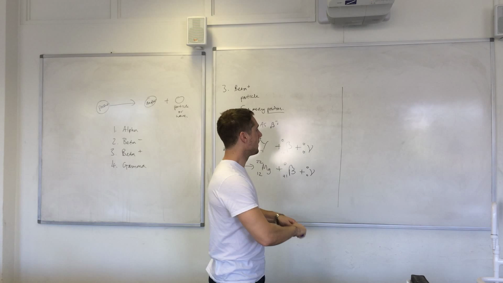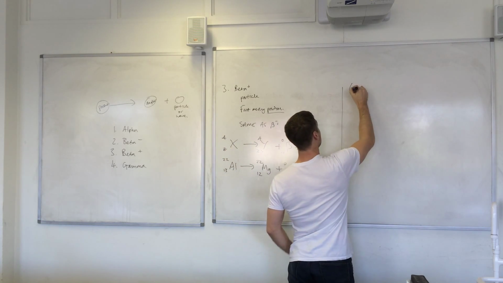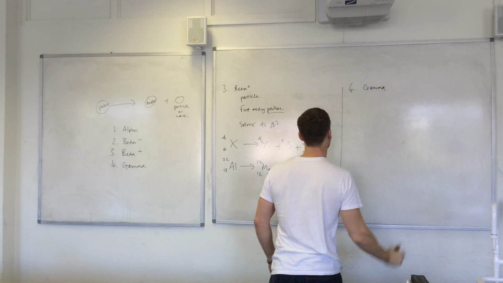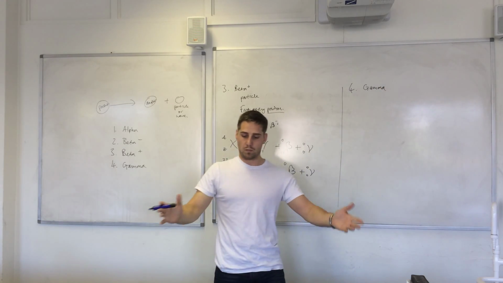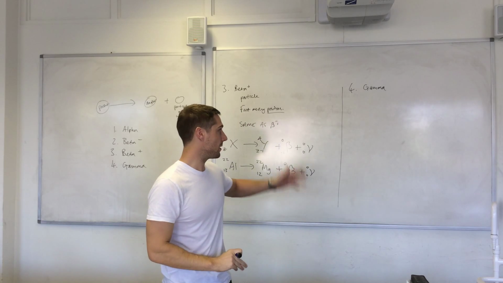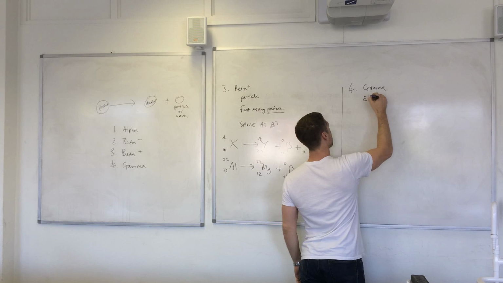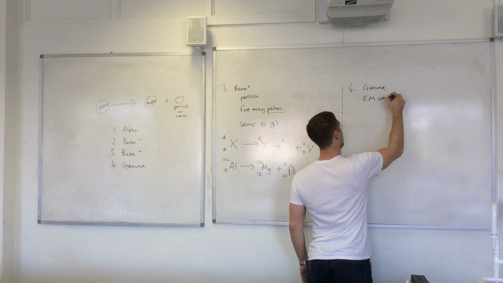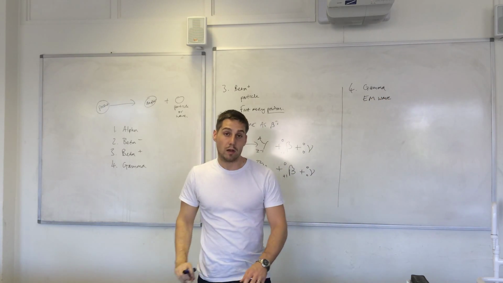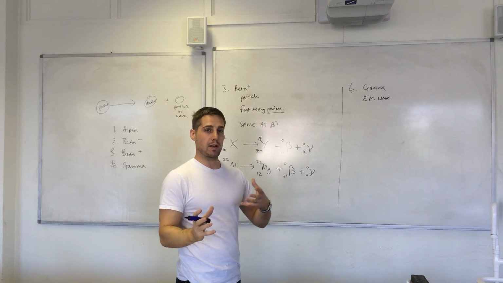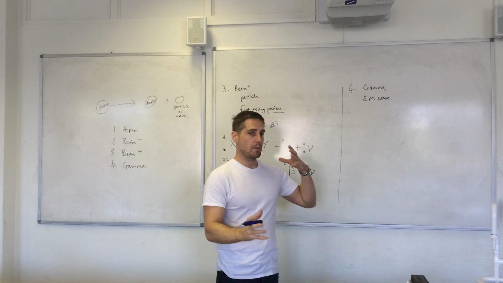Right. Gamma. So this one is the only one that is not a particle like the others. This one is an electromagnetic wave. You can call it a photon if you like, which is actually, we're going into quantum mechanics here.